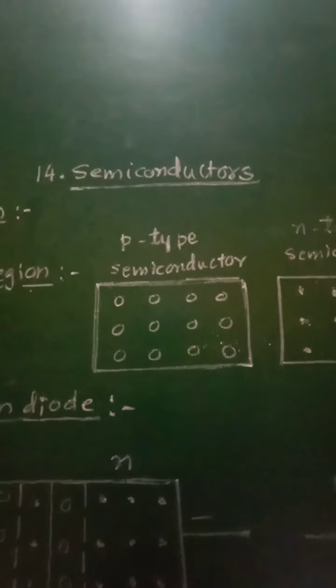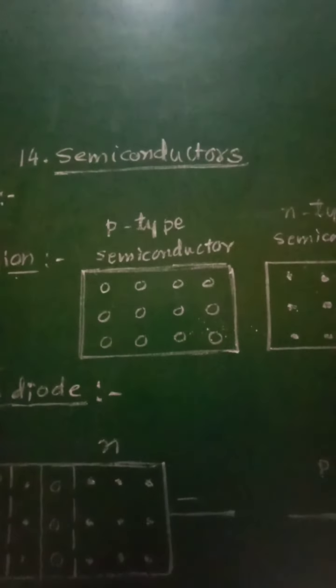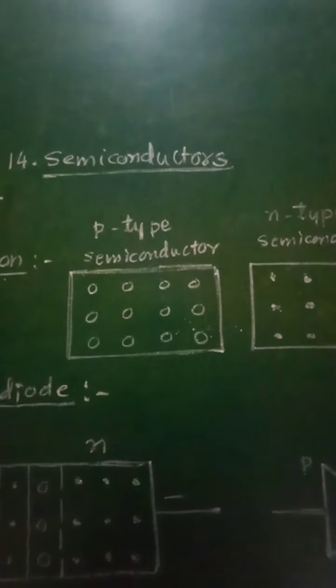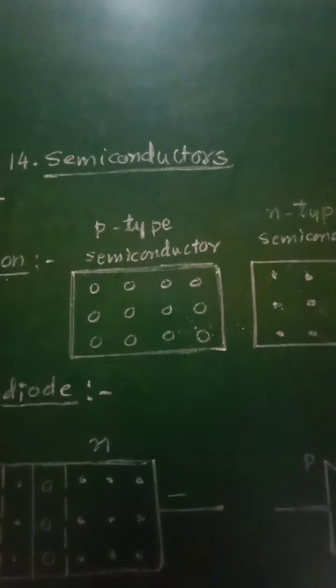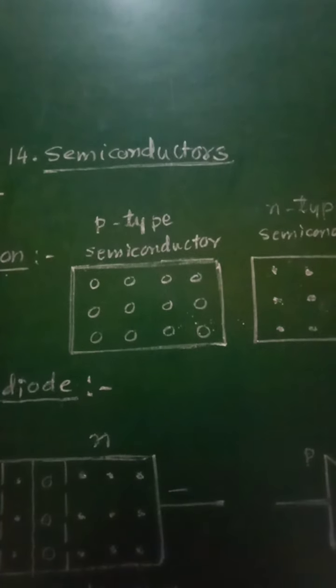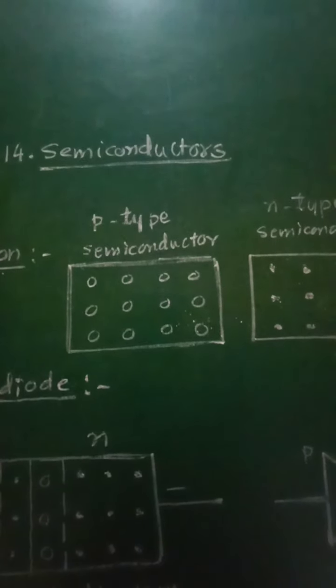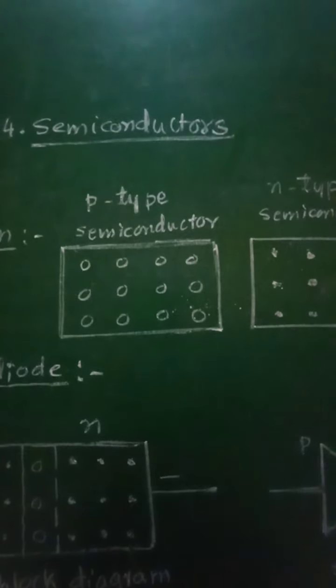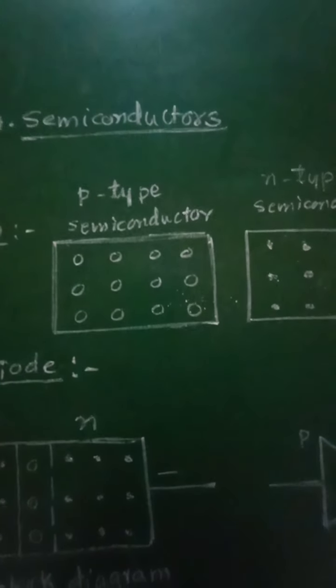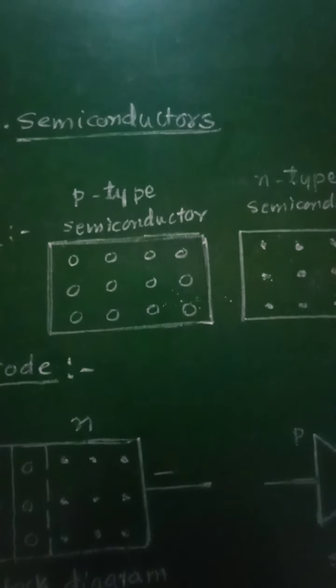Then the potential barrier for silicon is 0.7 volt and for germanium it is 0.3 volt.